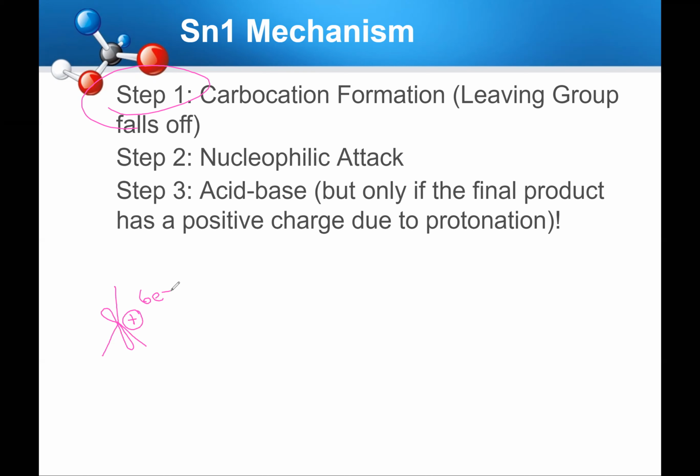So if we look at this molecule right here, we see that there's going to be adjacent carbon-hydrogen bonds. In particular, 1 carbon-hydrogen bond on each of the adjacent carbons are going to be able to interact with this p orbital, and we do see stabilization by hyperconjugation.